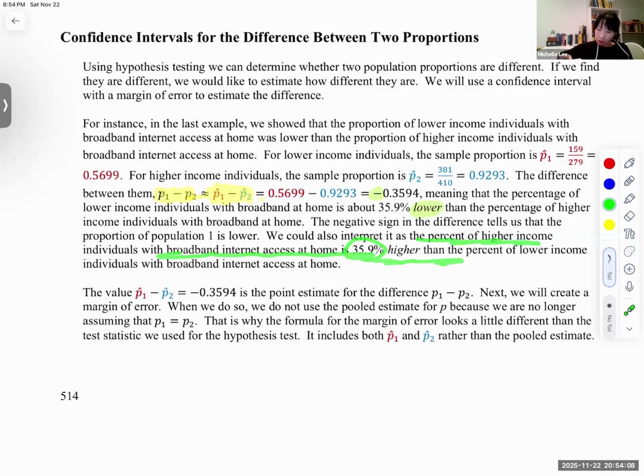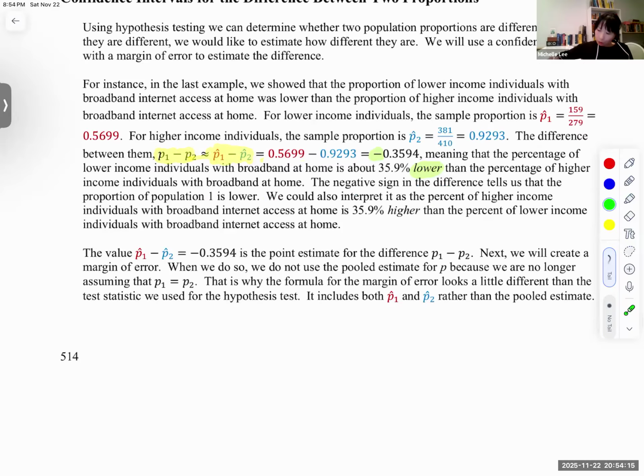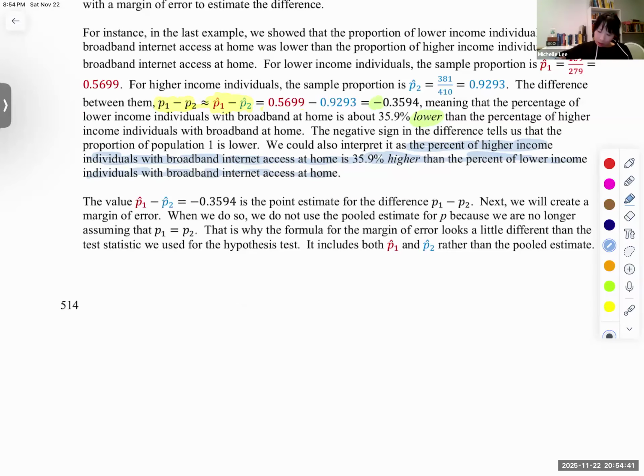So in other words, make sense? We could say it this way. We can say it this way too, right? If we say that the percent of higher income individuals with broadband internet access is higher than the percent of lower income individuals. You know what I'm saying, right? Okay.